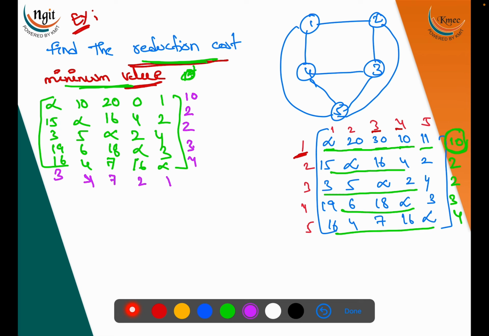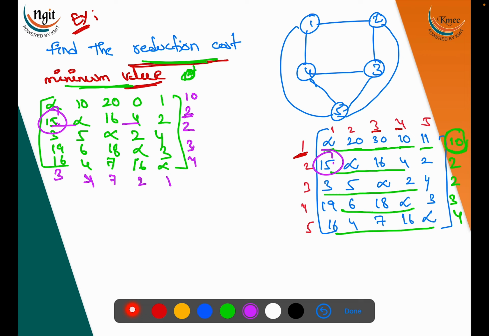Now, after you have found it, this is not the matrix, because you have to subtract even these values, right? So you have to take the other way, 15 minus 2 and go ahead. So now this matrix I'll write again, subtracting the elements.